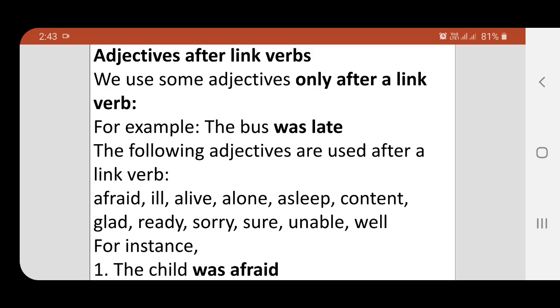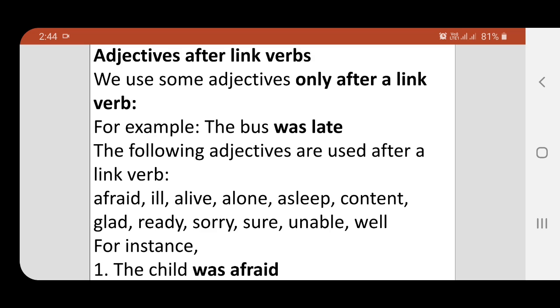For example, the bus was late. The bus was late. Was is the link verb here, following the adjective. So, the bus was late. Late is the adjective.